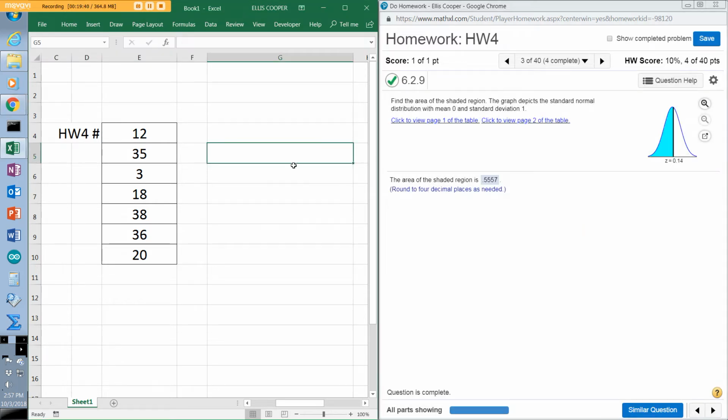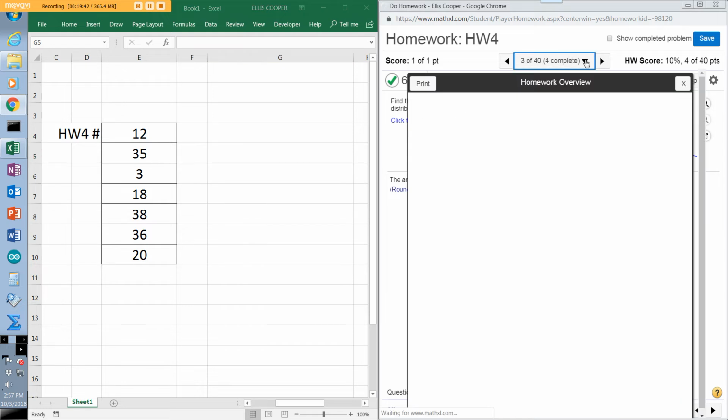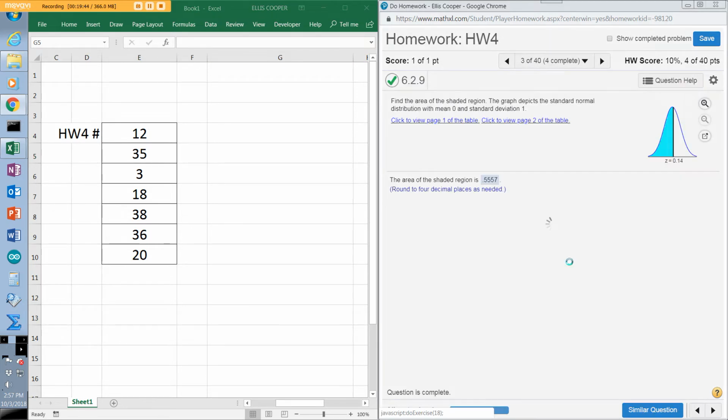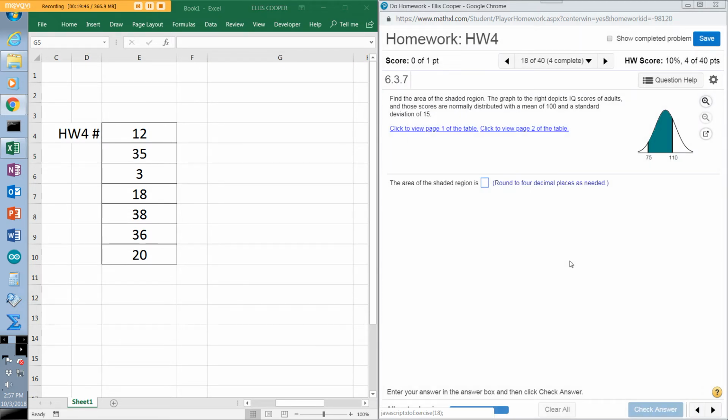So let's go to number 18. Okay, here we have a between probability, which I did mention in the pre-lecture. Now, if we started to use tables here, we're going to be looking up two numbers.